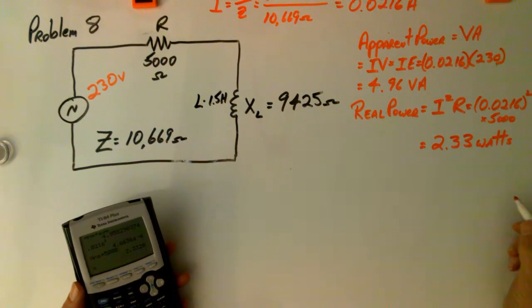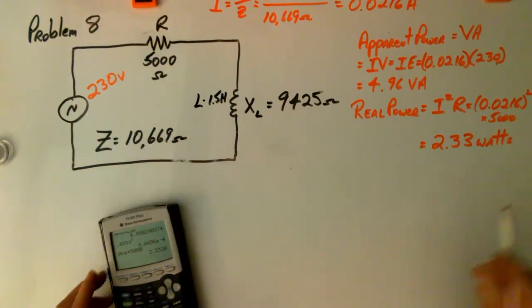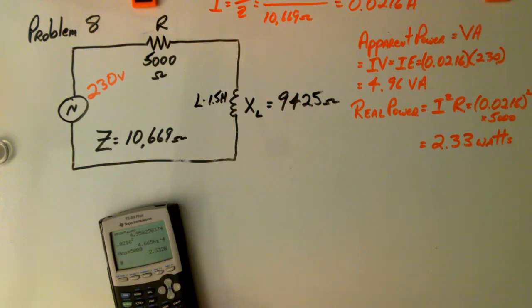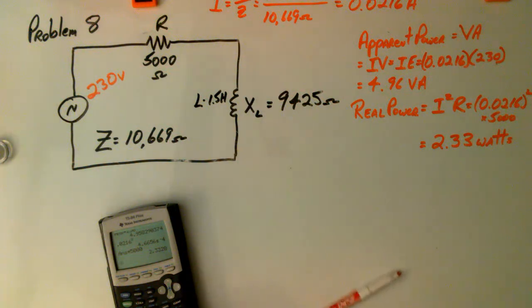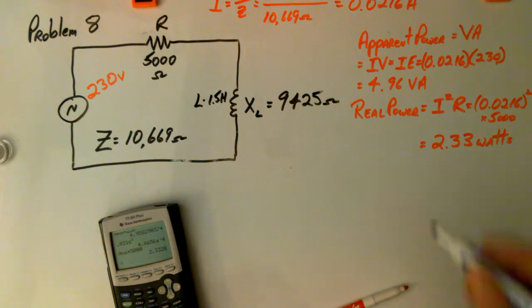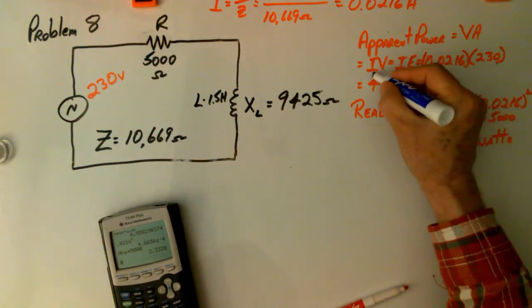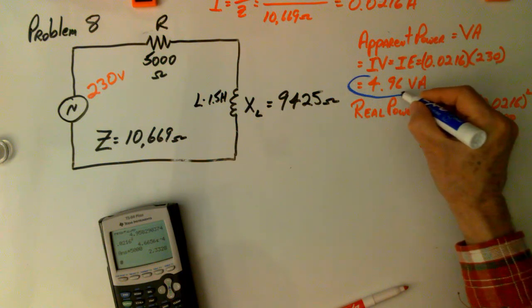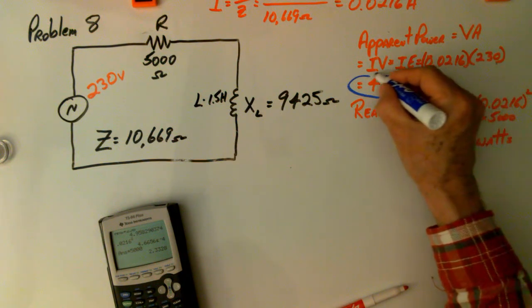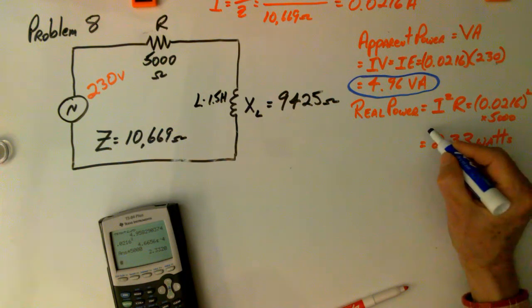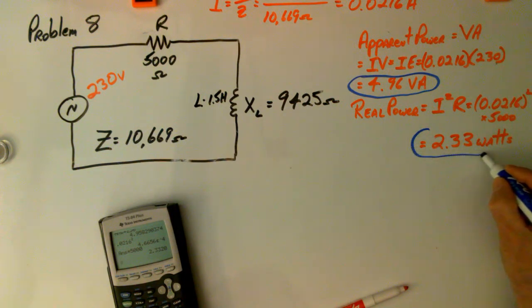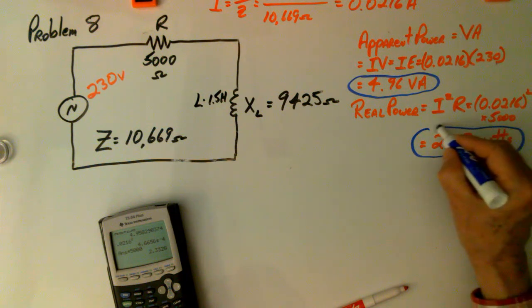Okay, so let me pause. Let me find a different color. So apparent power is 4.96 volt amperes. Real power is 2.33 watts.